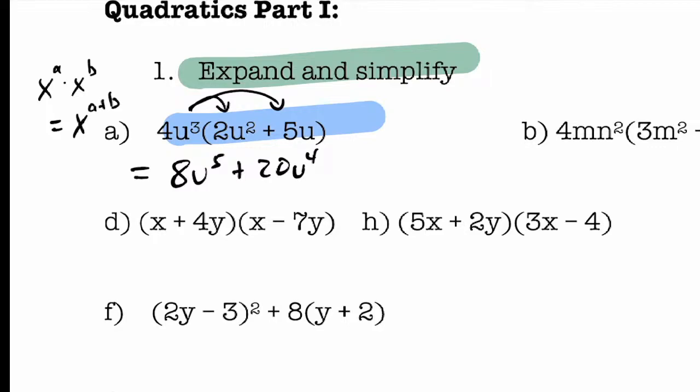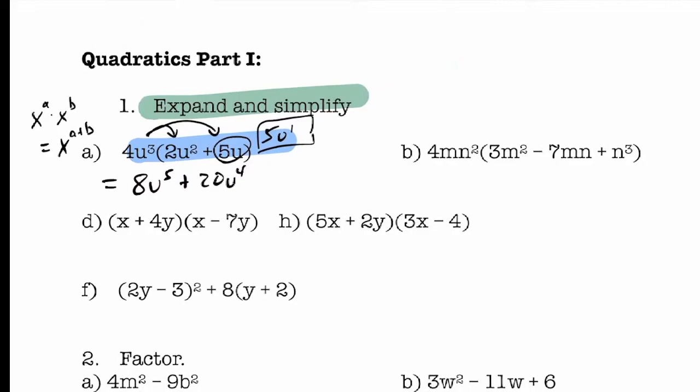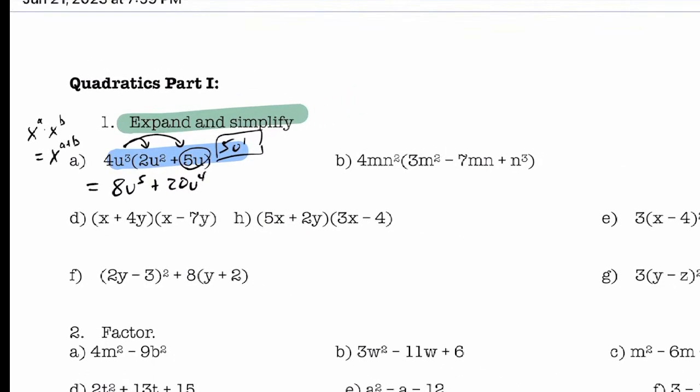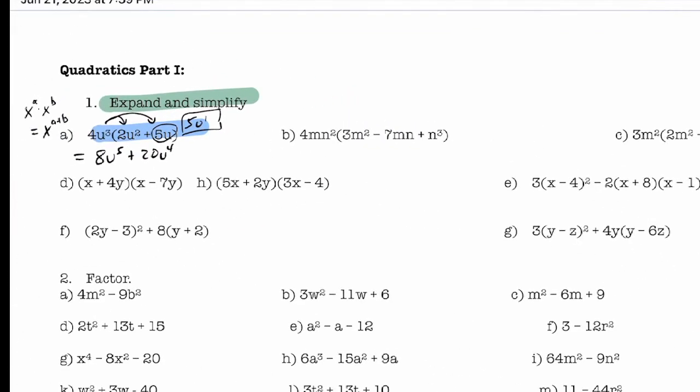The reason for that, in case you've forgotten, is this is 5u, and if they don't write the exponent, it means power of 1. Is that okay, Marie? That's how you do these expanding and simplifying questions.